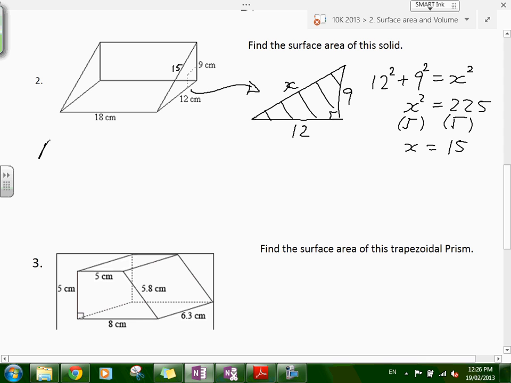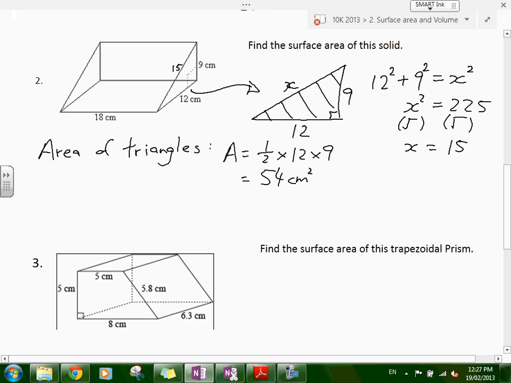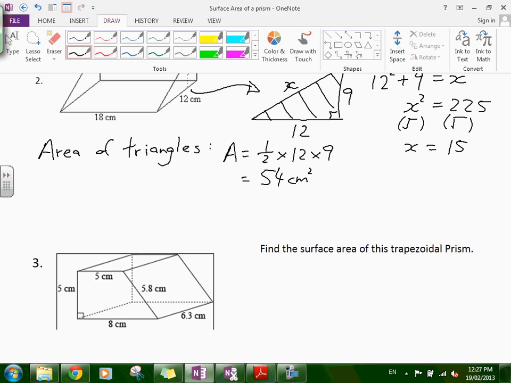So I can break this question up and find the area of the triangles. It's half times 12 times 9, which equals 6 times 9, that's 54. That's our first part. There's two of those, but we'll do it at the end when we have them all together.